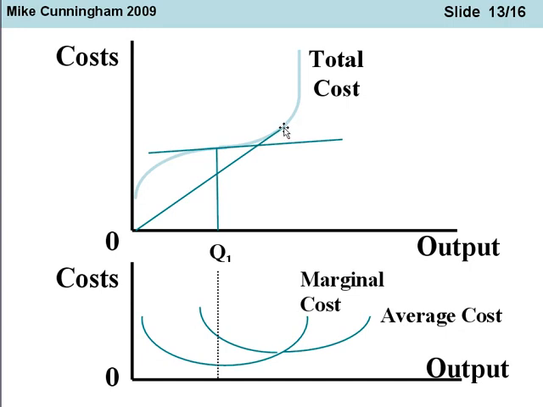Now, if you remember how we work out an average, well, we've got the total, divided by the quantity. There's the quantity, that's the total. So it's the vertical distance there divided by the horizontal distance. That's all you do to work out an average.